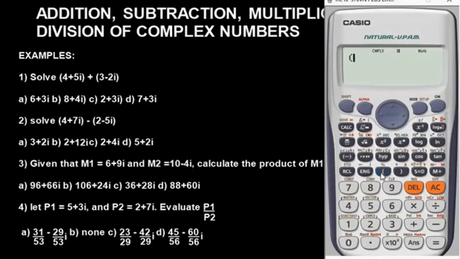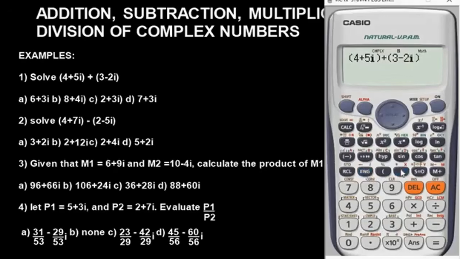We have in brackets 4 plus 5i. To bring an i in the calculator, we press this ENG button. So we close the brackets, plus in brackets 3 minus 2i. We close the brackets.